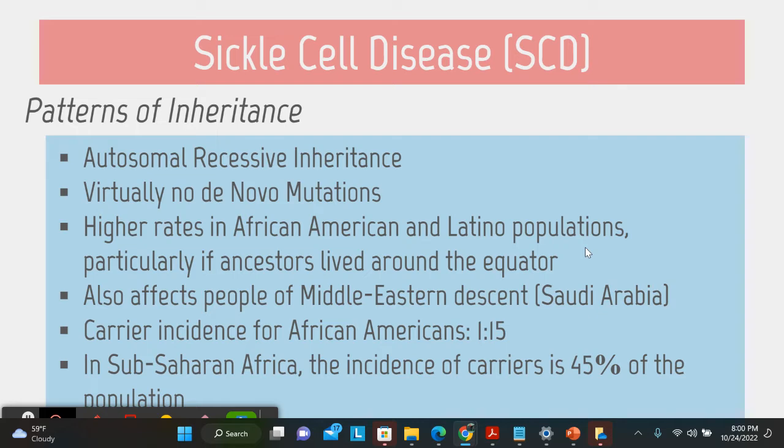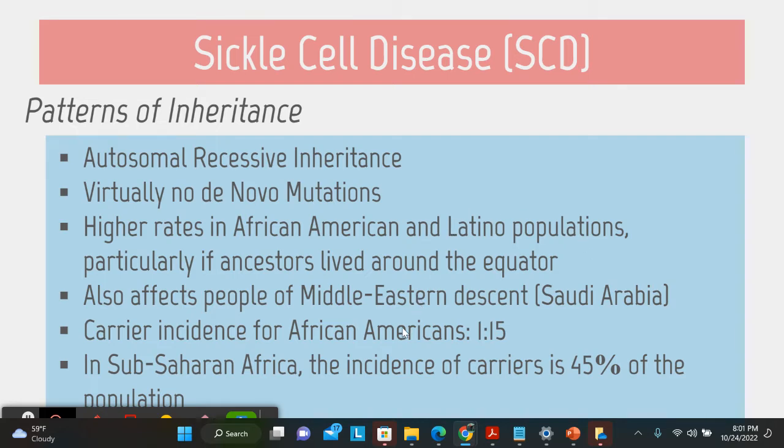It also affects people of Middle Eastern descent. And one researcher found that there were places in Saudi Arabia where the incidence of sickle cell trait was particularly high and unexpected because there's not a lot of malaria in those regions, which is what sickle cell trait kind of prevents against. But it's thought that intermarriage many generations ago, along with a population bottleneck where people intermarry a little bit, and consanguinity is more common, led to a higher incidence of this trait being passed on.